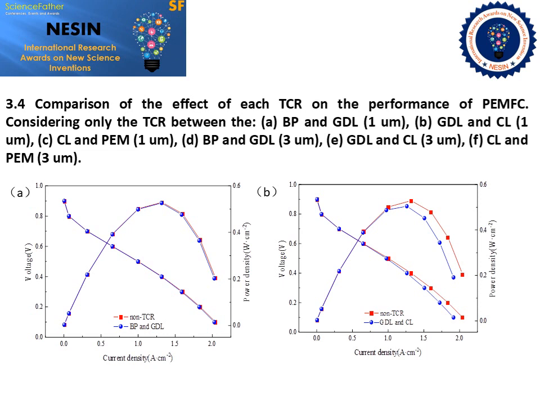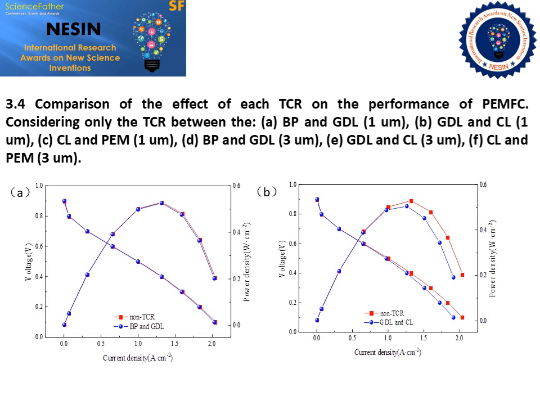The main reason is that the TCR between the bipolar plate and GDL only exists in the part of the bipolar plate where the ribs are in contact with the GDL, and the gas channel formed by the bipolar plate and GDL is filled with oxidants and reductants, so the heat transfer from the membrane electrode is mainly carried away by convective heat exchange with the oxidants and reductants, where the heat transfer between ribs and GDL is less.